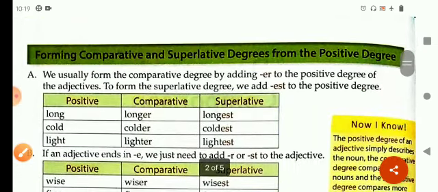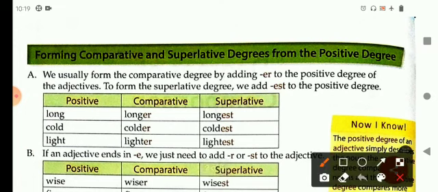Now let's learn the formation of comparative and superlative degrees from the positive degrees. We usually form the comparative degree by adding er to the positive degree of the adjectives. To form the superlative degree, we add est to the positive degree.